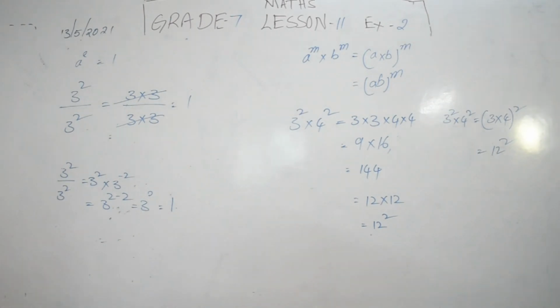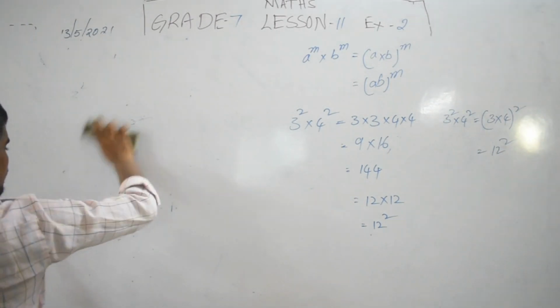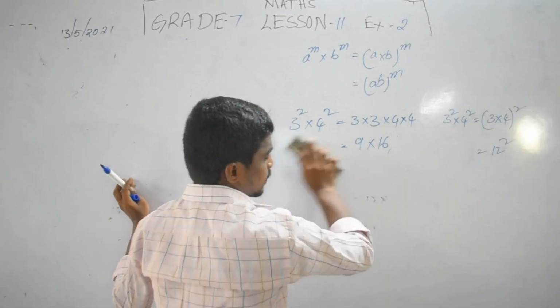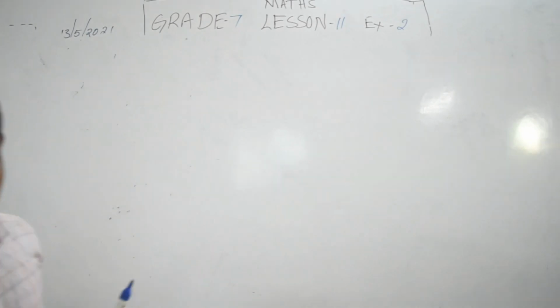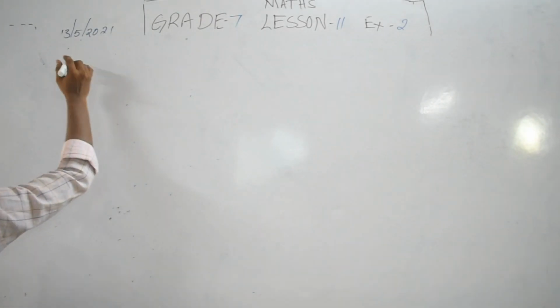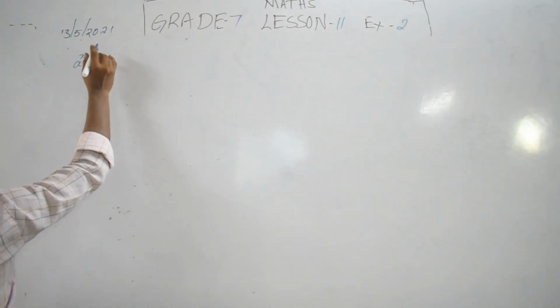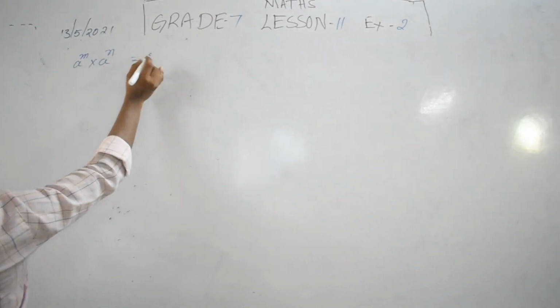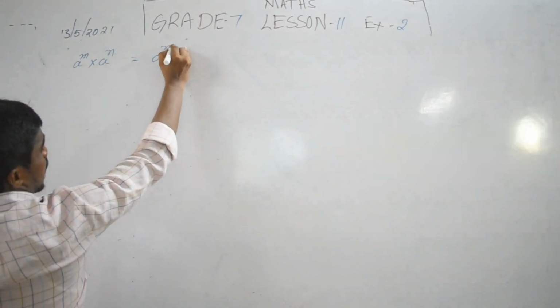So totally 5 laws we are discussing. I am writing the laws directly now, you copy them. Here see, a power m times a power n: bases are equal, powers add.